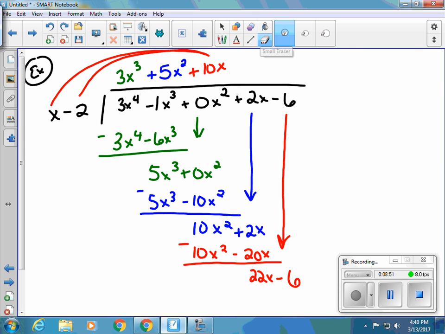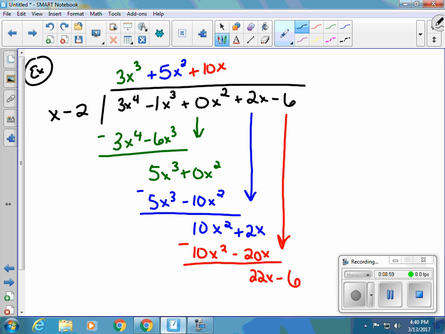I'm going to erase those distribution marks. And now I need a 22x, so I'm going to have plus 22. I'm going to go ahead and distribute those.